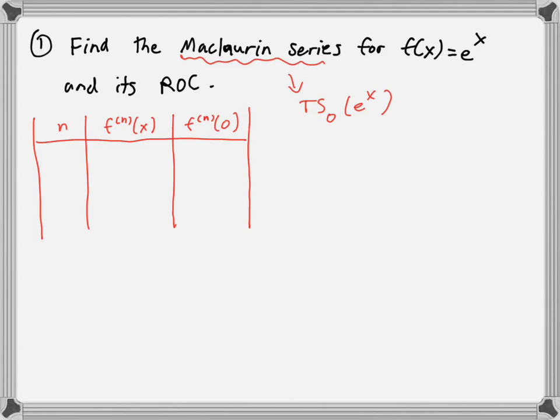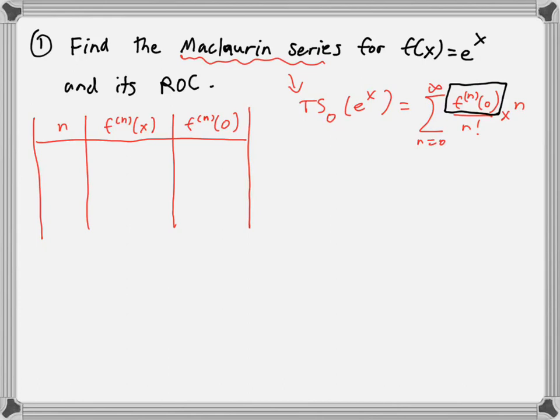Now look, we know that the Taylor series formula is equal to the nth derivative at 0 over n factorial times x to the n. And so what we're looking for here is a pattern for this numerator, so we know what to put in the sigma, okay?